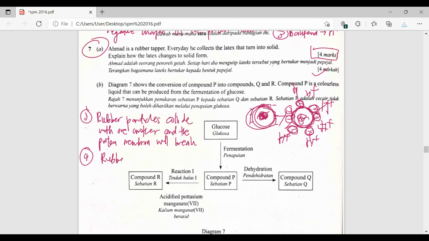It's called a rubber polymer. The rubber polymer will combine with one another, or you can say coil together. And that's it. You got your 4 marks. 1, 2, 3, 4. How many of you got 4/4? How many of you need to go back and read this topic?